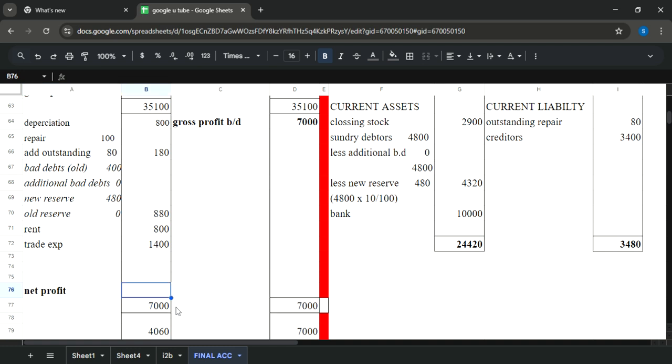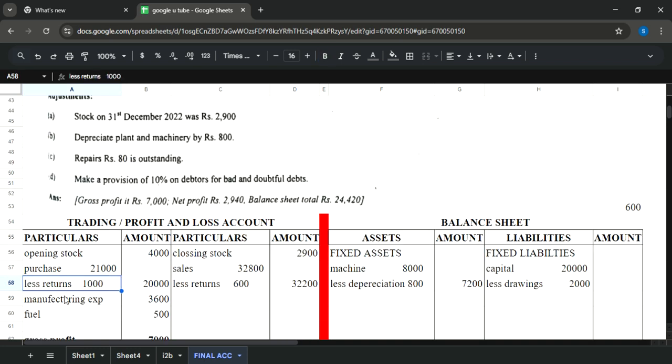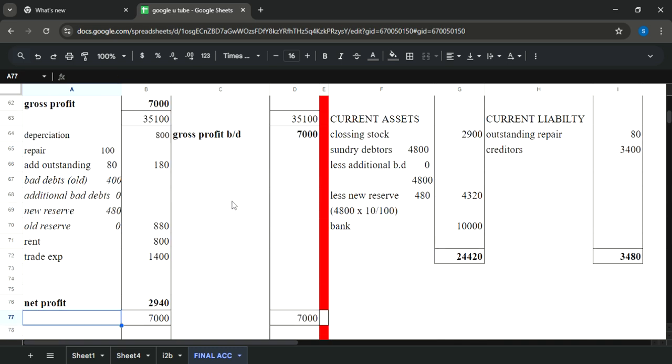How will you calculate? By subtracting the smaller sum from the larger sum. 7,000 larger, smaller sum 4,060. So we have got 2940, and look at here, your net profit is 2940. In this way, your net profit is calculated.